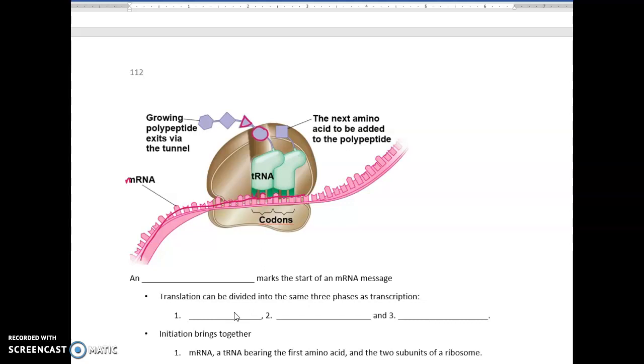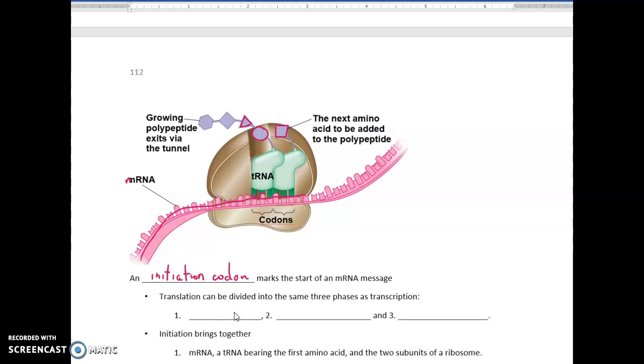That's a string of amino acids, a growing polypeptide. So the square amino acid is the next one that's going to be added. There is an initiation codon at the beginning, and that codon marks the start of the mRNA message.